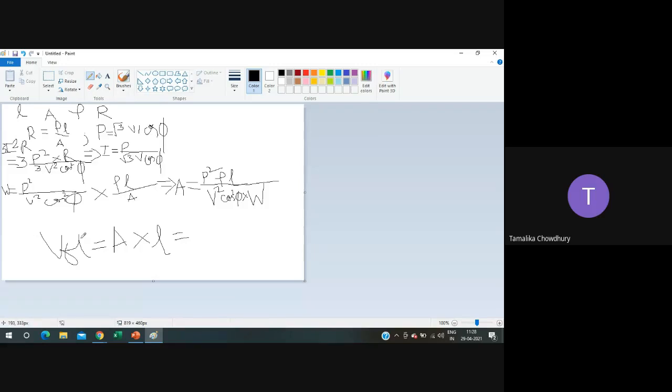Volume of the conductor is equal to A into L. That is this A multiplied by L, so this will become L square.